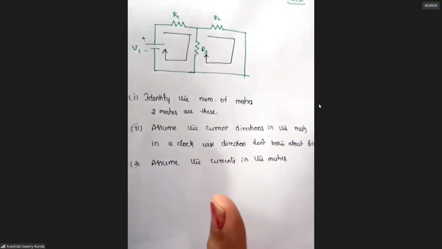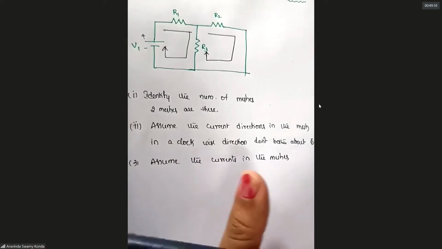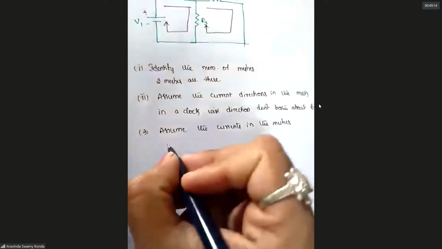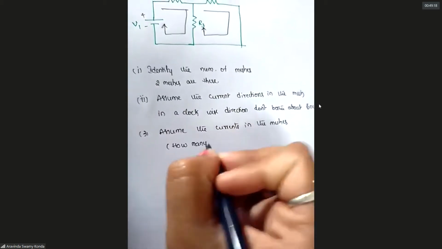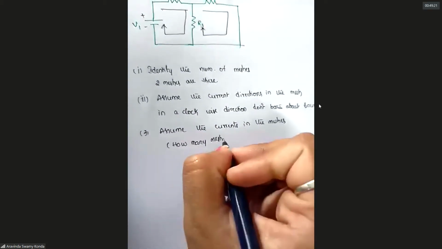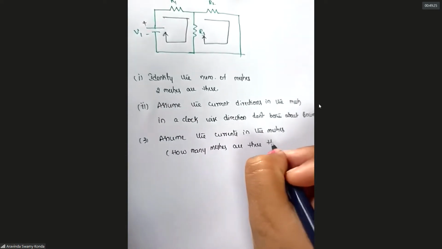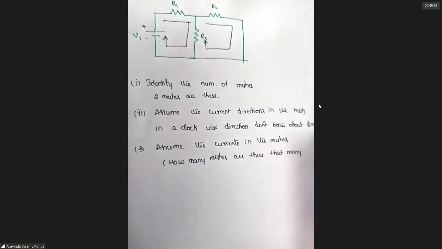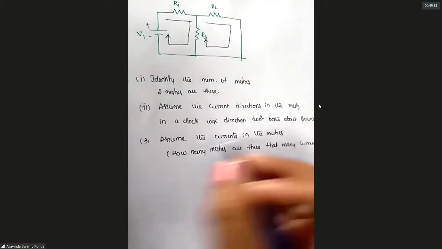Simply remember that how many meshes are there, that many currents we can assume.